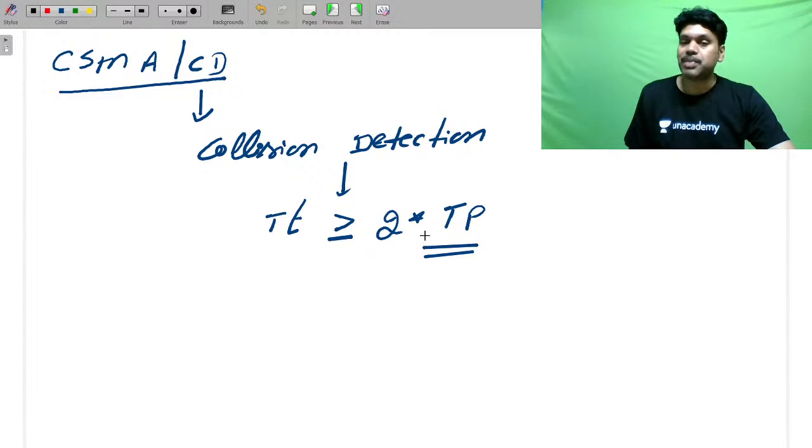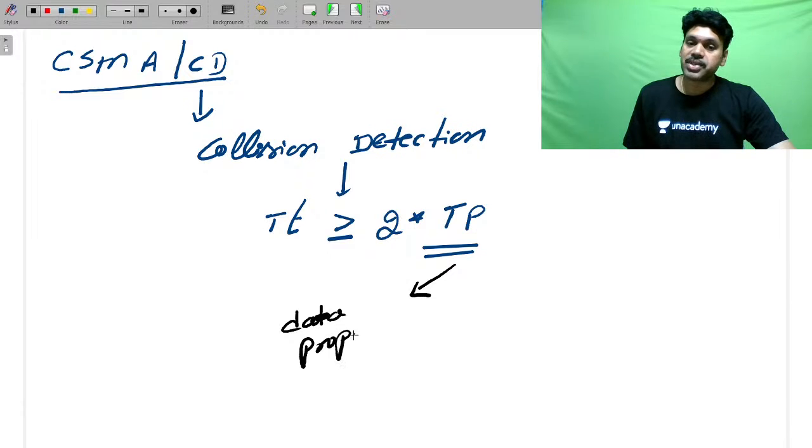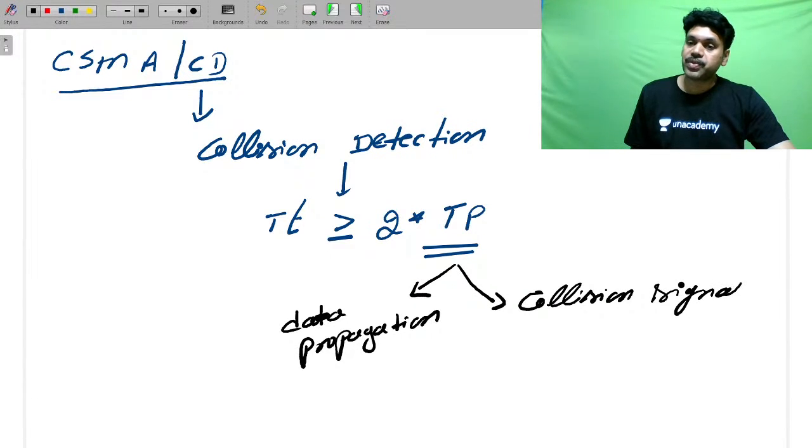Because the last bit of your data must see whether any collision signal is coming back from the other party. One TP is for data propagation, and the other TP is for collision signal propagation. So you need to wait till you get the collision signal back, if there are any collisions.